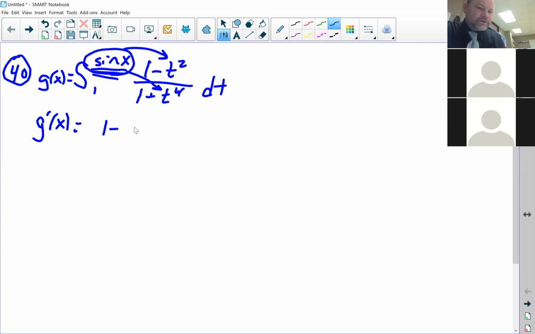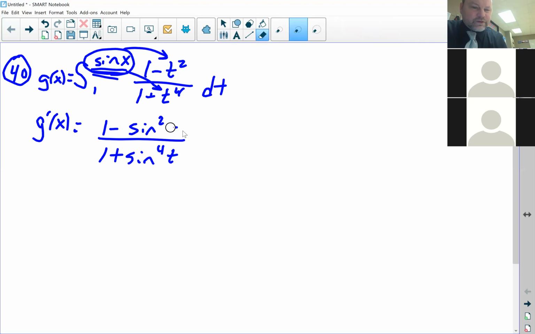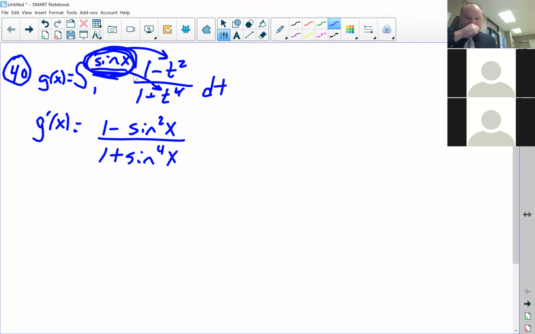So we'd go 1 minus sine squared t over 1 plus sine to the 4th t. I'm sorry, it should be x's now, because it's an x in the limit. But then, because this is a function, it basically acts as a chain rule. And we would need to multiply by the derivative of sine x, which is cosine x.